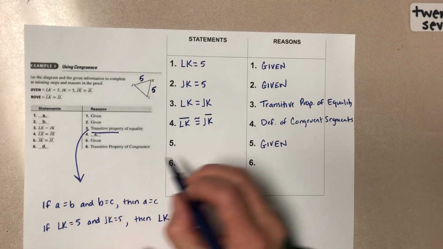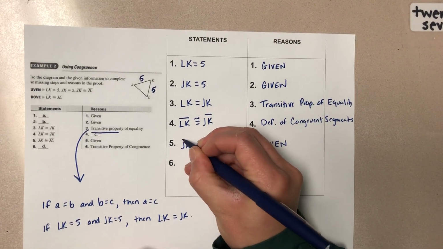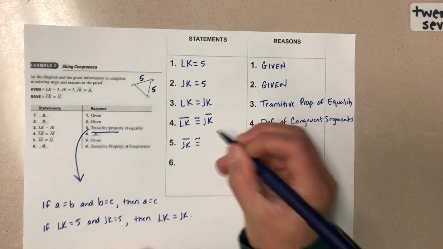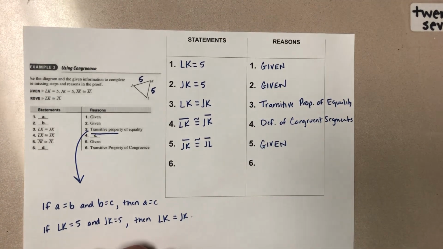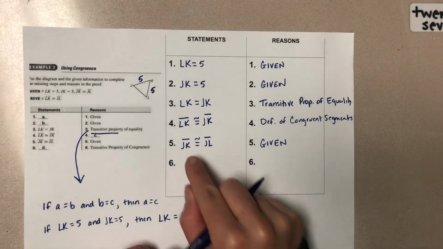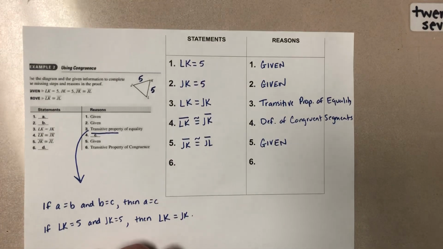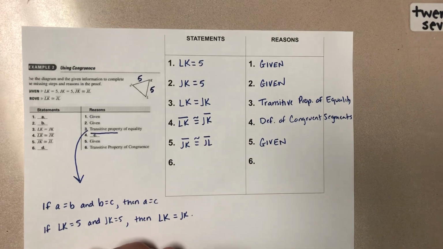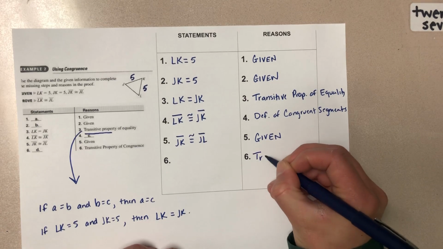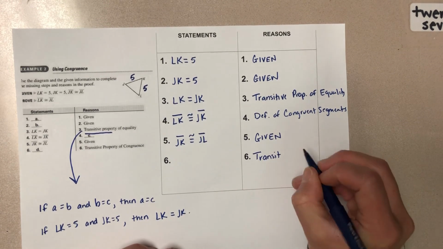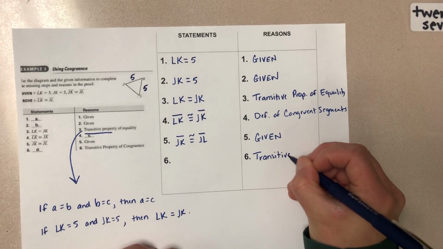given. So we will see that we don't have to write our givens all at the top as we progress through the proof. Okay, so the third given information is going to be that the line segment JK is congruent to the line segment JL. And then our sixth and final reason tells us that the transitive property of congruence is used.